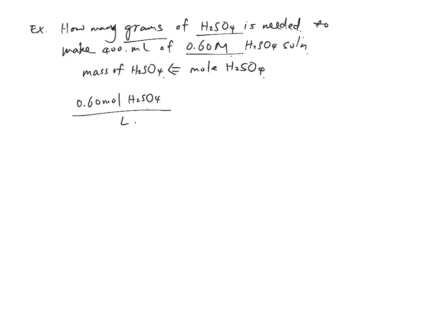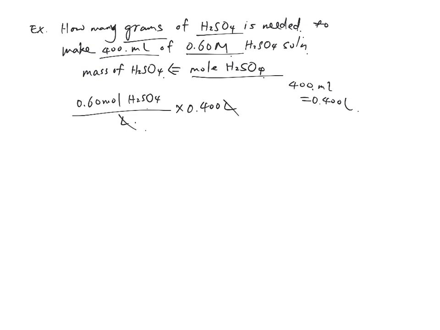That's the definition. You look at this and go, I want moles of H2SO4. I need to get rid of the liter. How do you get rid of the liter? You don't have liters, but you do have milliliters. 400 milliliters is 0.400 liter. How do you get rid of liter? Multiply by 0.400 liter.